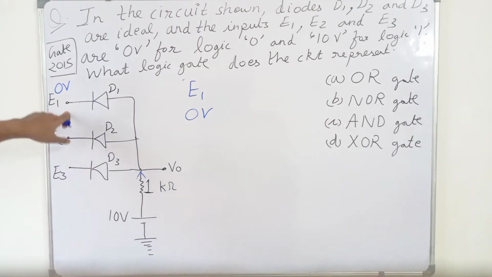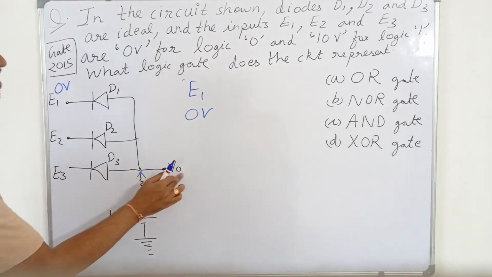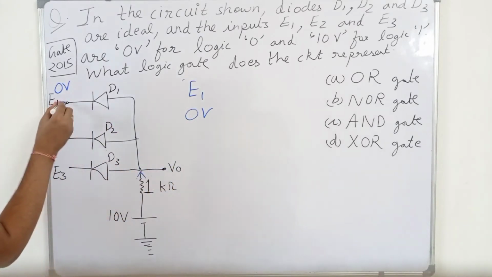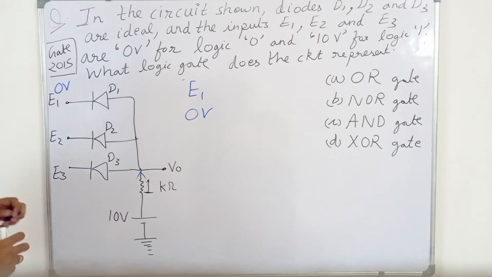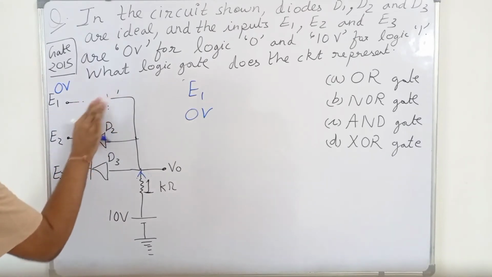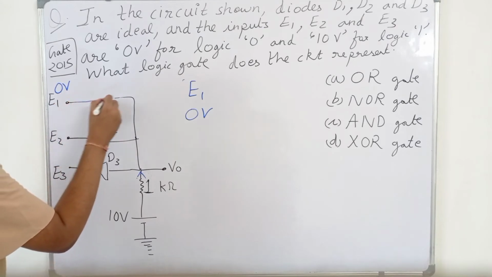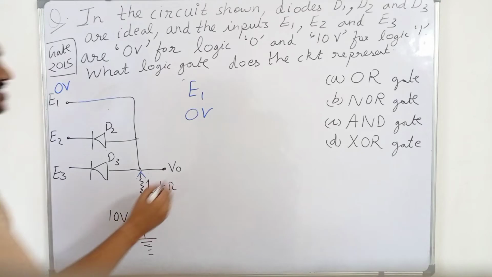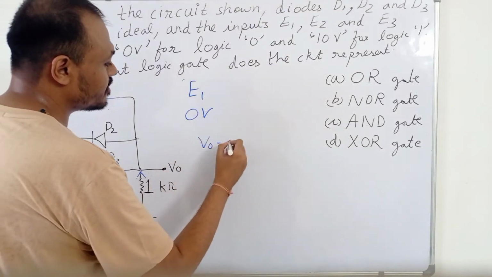When diode D1 is forward biased, it can be replaced by a short circuit. So if you apply KVL, V0 will be equal to 0 volt.